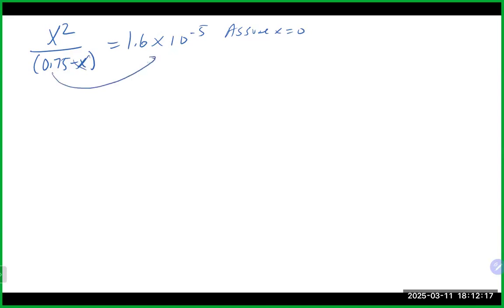We're then going to multiply by 0.75, followed by a square root, which gives us an x value here of 0.00348. We do want to check it to make sure it's all okay.